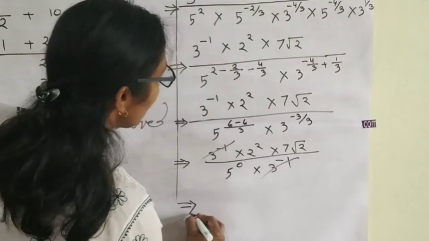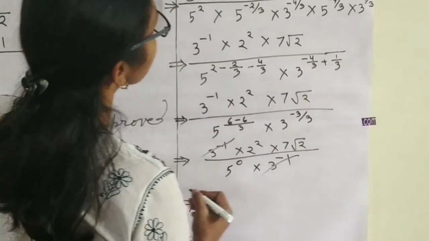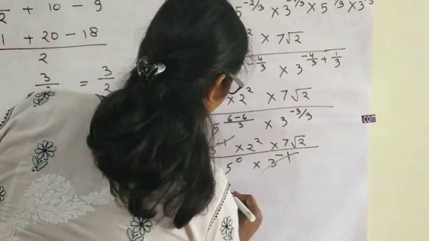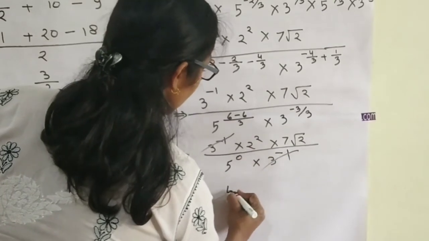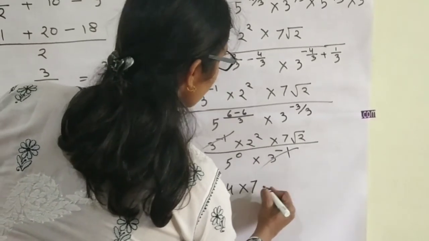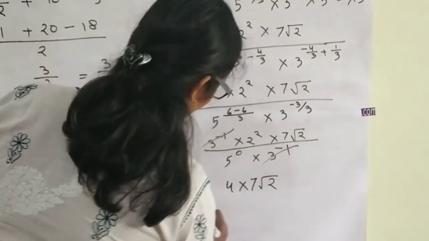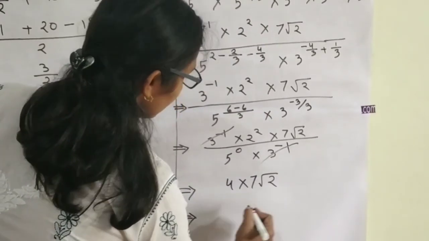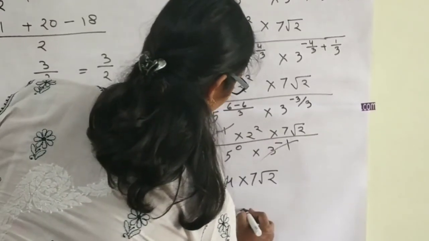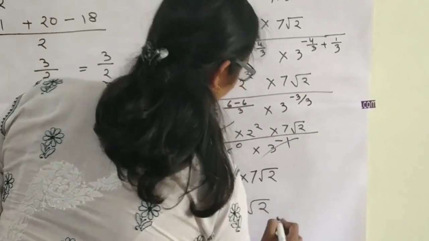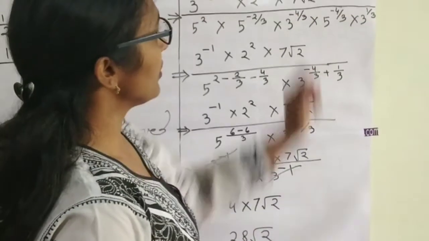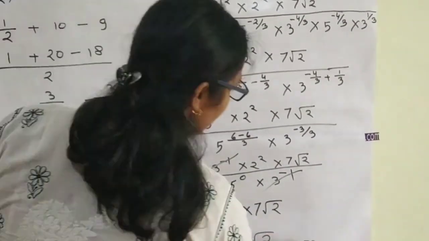So, it will become 2 to the power 2 means 4 into 7 under root 2. So, we have proved 28 under root 2. Now, LHS equals RHS. Hence, proved.